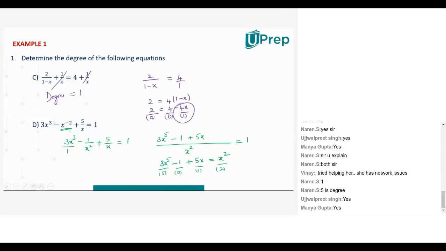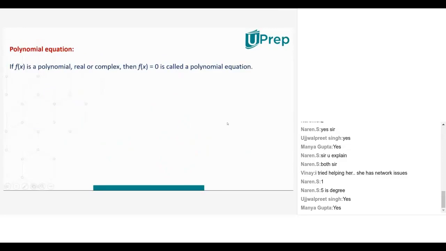Now, so far we handled polynomials. Now, how to make a polynomial equation. In the beginning, I was telling, let's consider two polynomials. One is 3x square minus 4x, and another polynomial is, say, 2x cube minus 2.